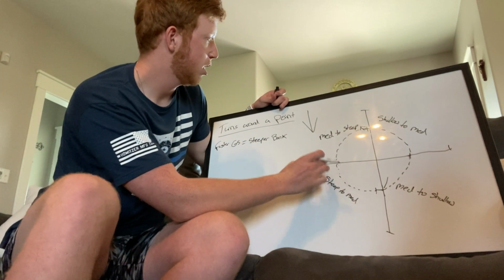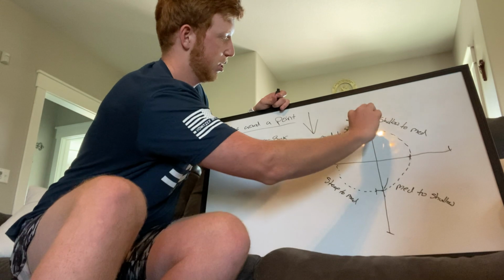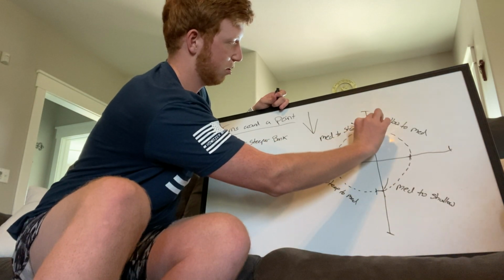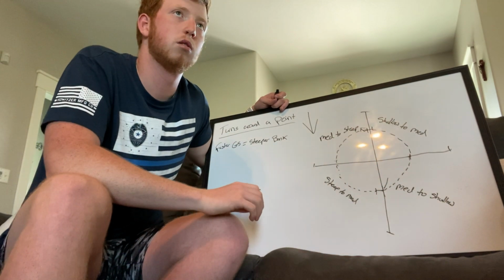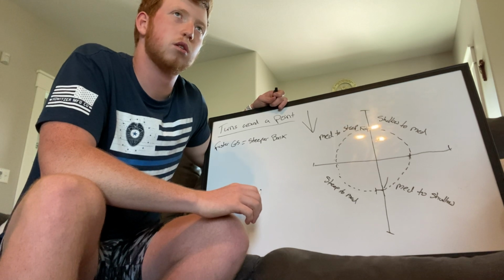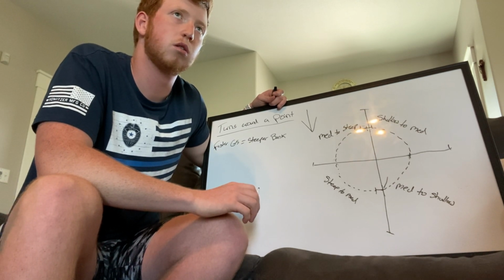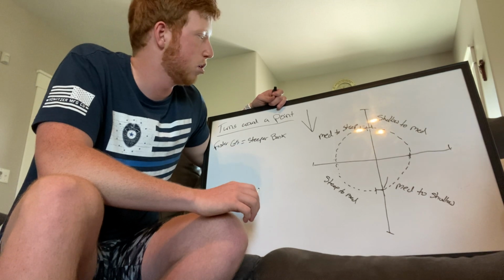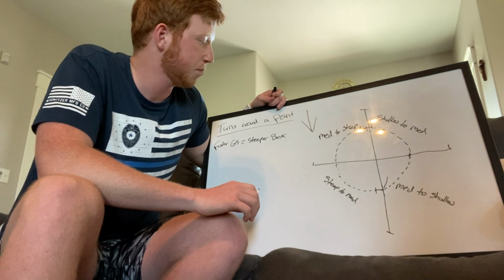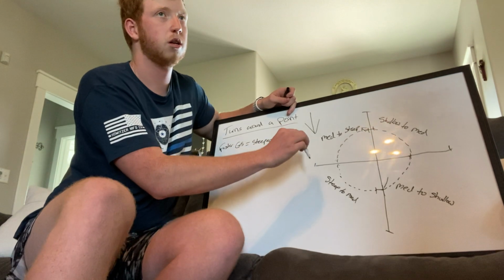That's a bad drawing, but on the upwind side, when you're going into the wind, you want to point your nose, not right at your point, I think is what he said.